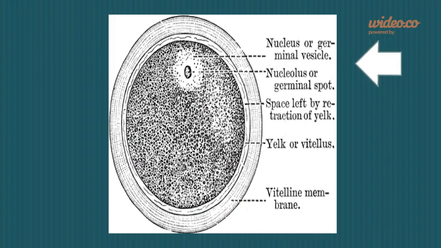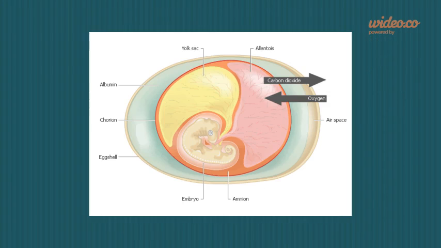The ooplasm contains the nucleus and nucleolus. It is made up of two parts, the spongioplasm, formative yolk, and hyaloplasm, nutritive yolk. The hyaloplasm is rich in lipids, proteins, and polysaccharides, and is sometimes contained by a membrane.